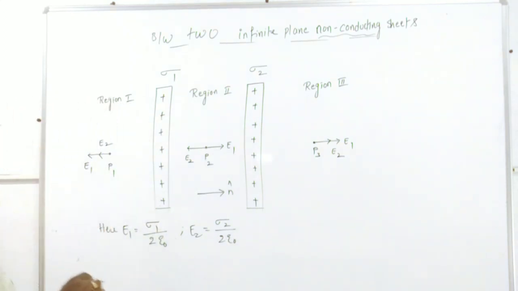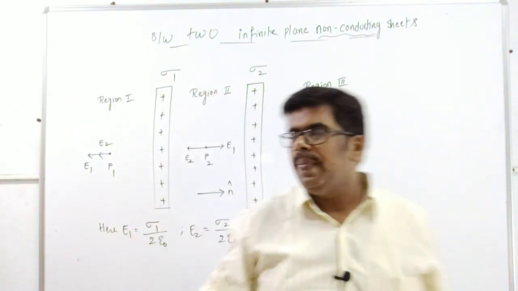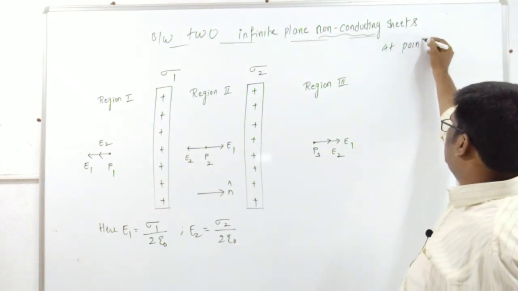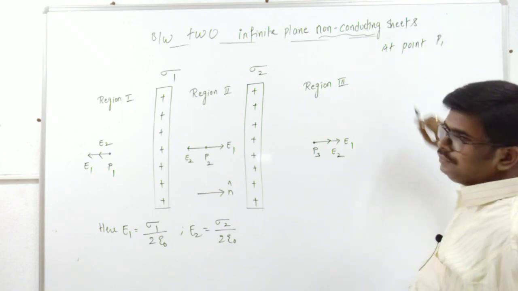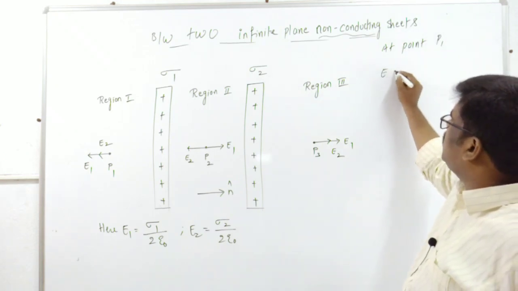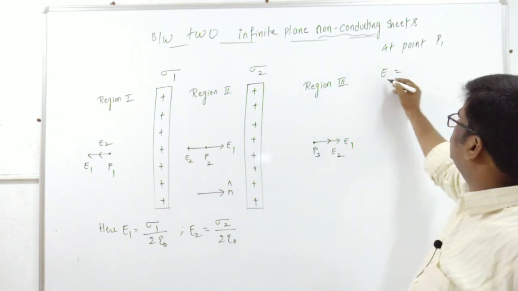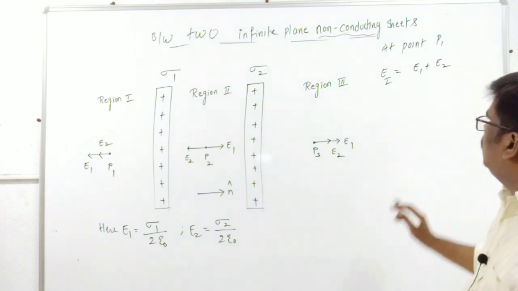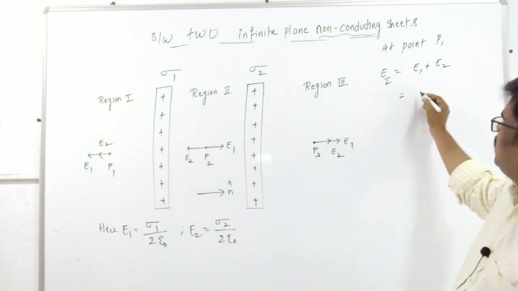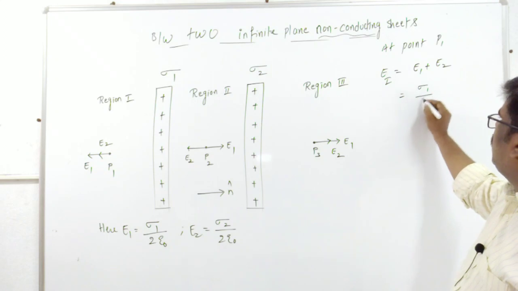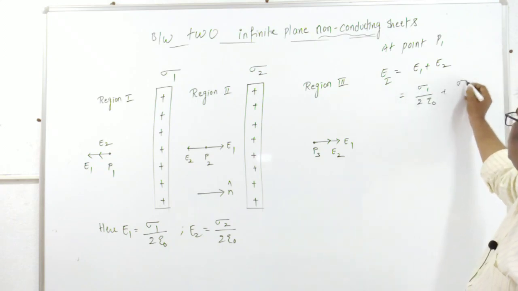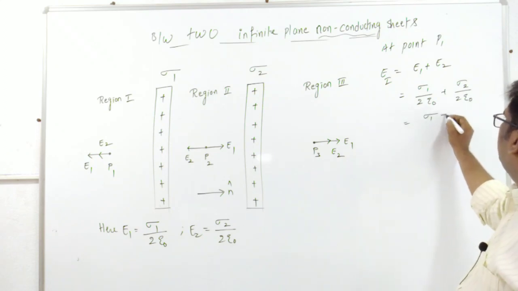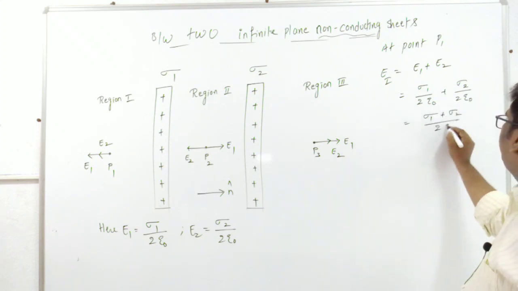Now at region 1, that is at point P1, we have electric field intensity E equal to E1 plus E2, since both are along the same direction, and the expressions are sigma 1 by 2 epsilon naught plus sigma 2 by 2 epsilon naught. Totally it will be sigma 1 plus sigma 2 by 2 epsilon naught.